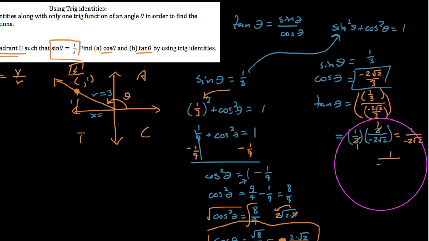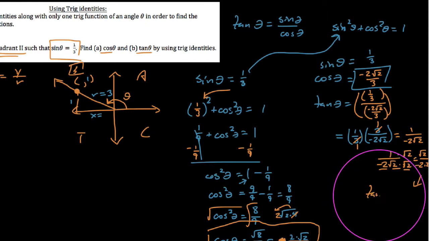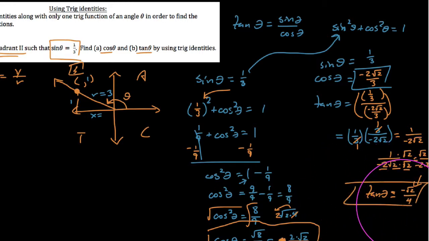If we take this times root 2 over 2, this simplifies to root 2 on top over a negative 2 times 2. Root 2 times root 2 is 2. In other words, we get the tangent value of this angle to come out to be negative root 2 over 2 times 2, which is 4. Okay, so we get this right here.